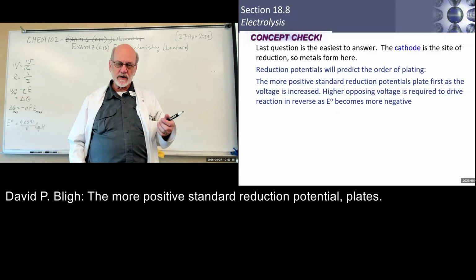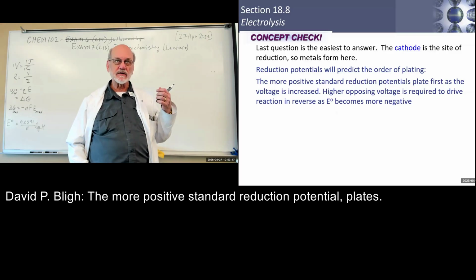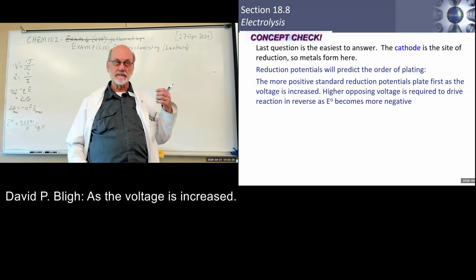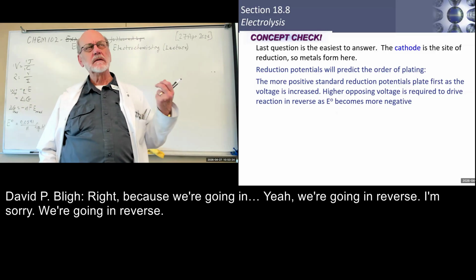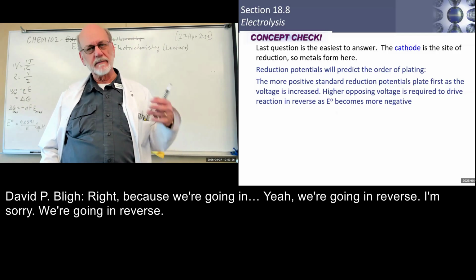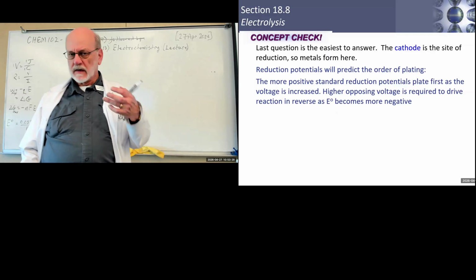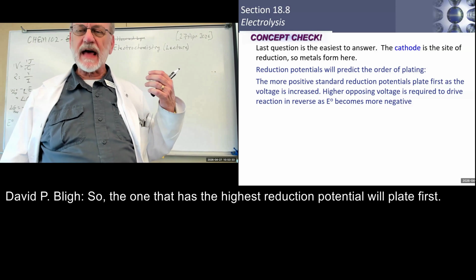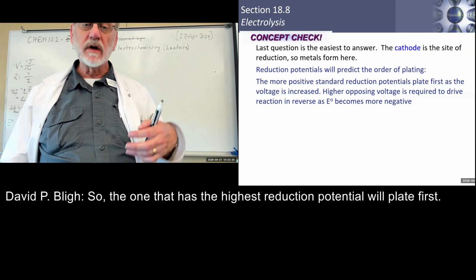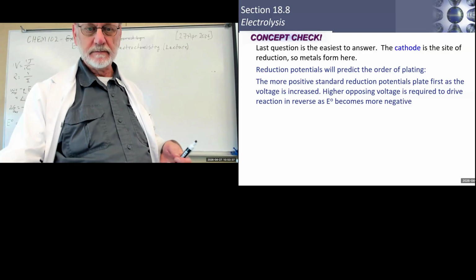The more positive standard reduction potential plates first as the voltage is increased. Right, because we're going in reverse. So the one that has the highest reduction potential will plate first.